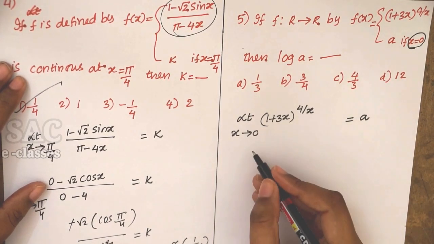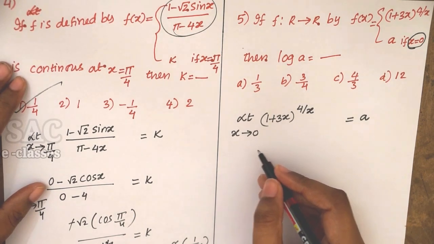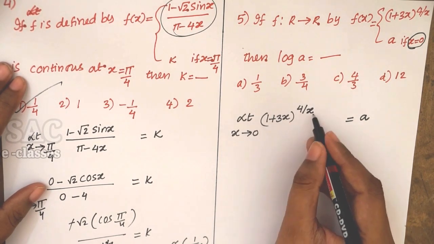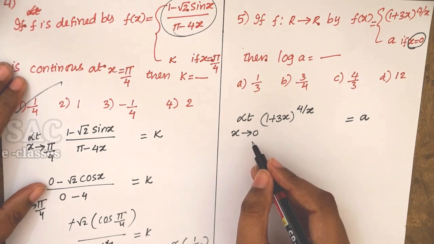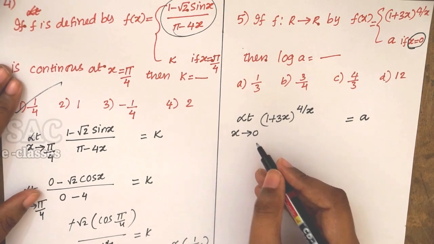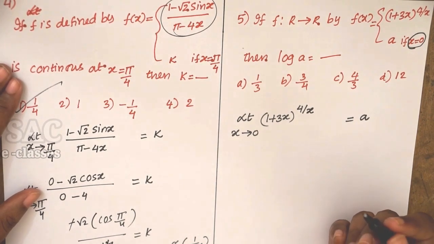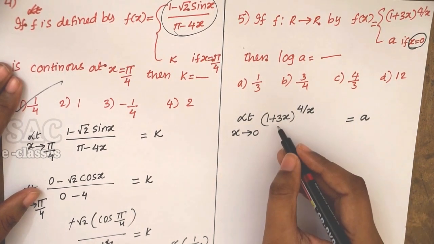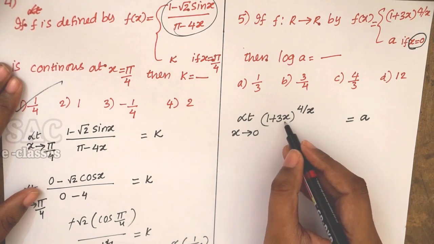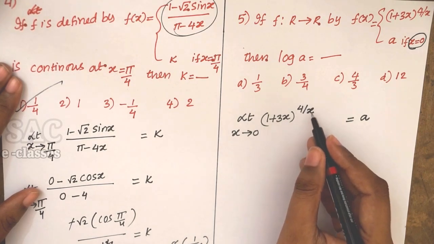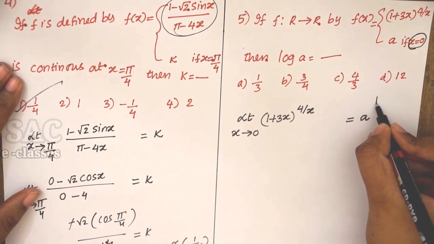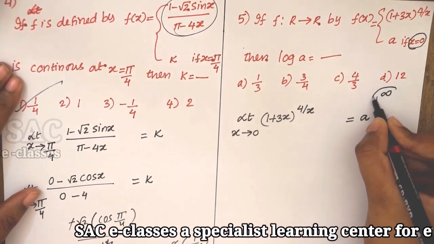Now they are asking you to find the limit of this function at x equal to 0. How can we find the limit of any function at x equal to 0? Just substitute x as 0 here: (1 plus 0) whole power 4 by 0. We get the 1 power infinity form.